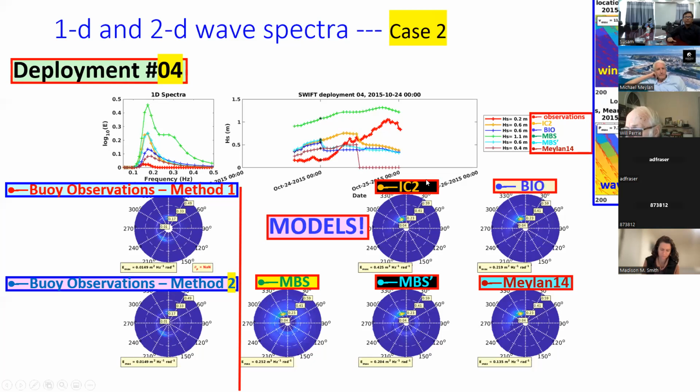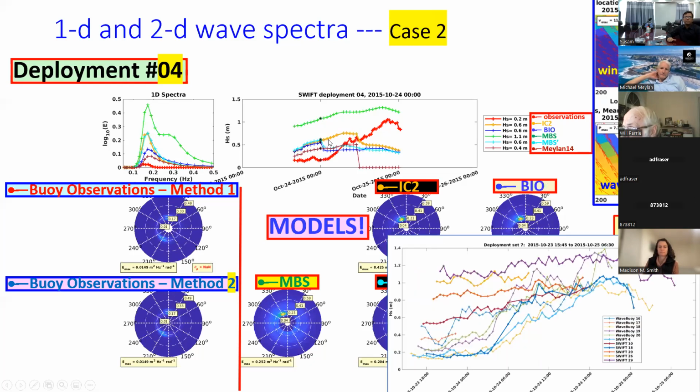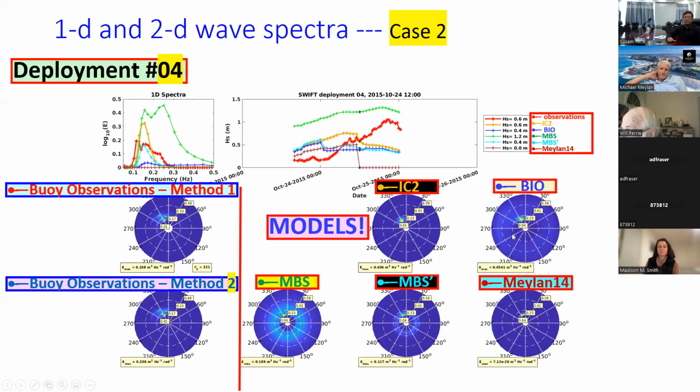And if you click through this, as the black dot shows you where we are, it doesn't change a lot. The red curve is, if you like, the truth, it's the observation, and the models are like that. You might say they're kind of similar, but it's not as good as I would have hoped. But again, there are errors in the winds, there are errors in the ice, so maybe it's as good as the models are ever going to get.